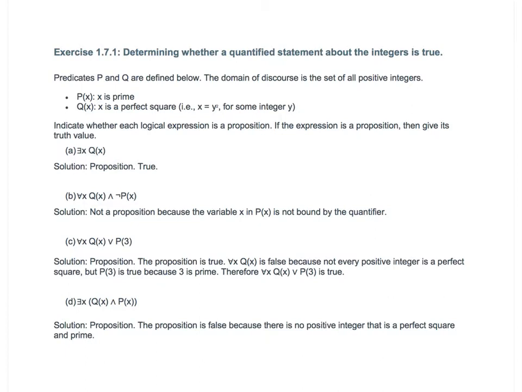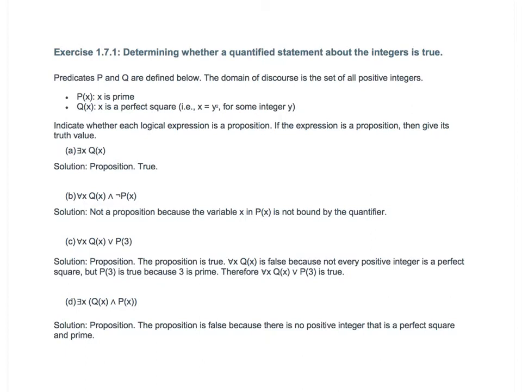So you have to always remember that the priority of a universal quantifier is always higher than other logical operations like conjunction or disjunction or negation. Therefore, when we write "for every x, Q of x and not P of x," that would be a conjunction of a universally quantified statement on the left and a negation of P of x on the right.